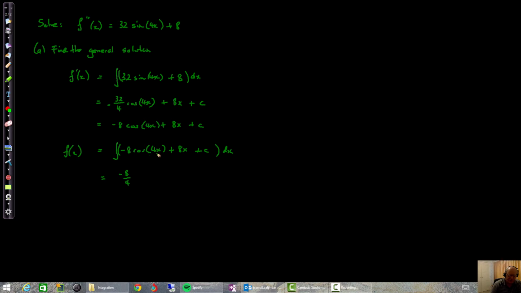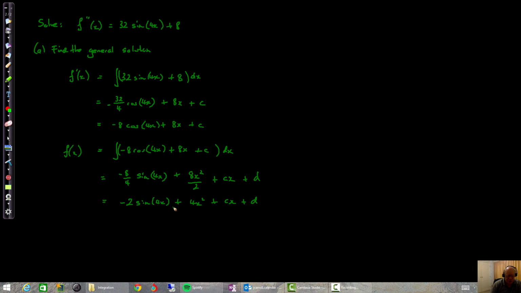Because we need to compensate for that times 4 that we get from deriving that with the chain rule. Okay, sine 4x plus, integrating 8x will be 8x squared over 2, and integrating a constant becomes the constant times x plus some other constant, I'll call that other constant d. Okay, so this is going to be negative 2 sine 4x plus 4x squared plus cx plus d.